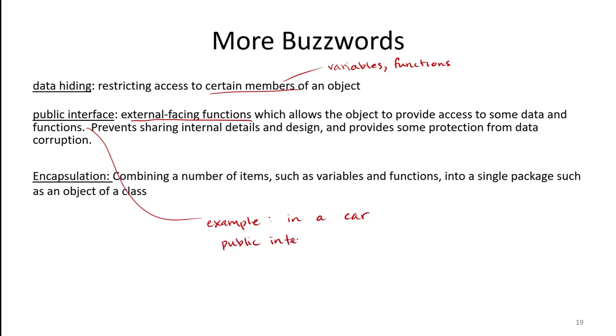The public interface of the car might be the steering wheel, the gas and the brake pedal, and maybe some of the gauges, like the fuel gauge and the speedometer.